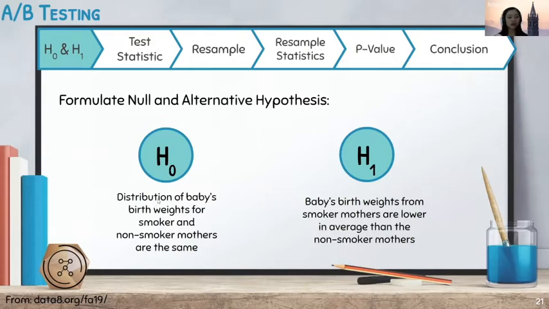So our null hypothesis would be saying that the distribution of these two samples are the same. And our alternative hypothesis will be saying that they don't come from the same distribution. The weight of the baby from the smoking mother are lower on average than the weight of the baby from non-smoking mothers.